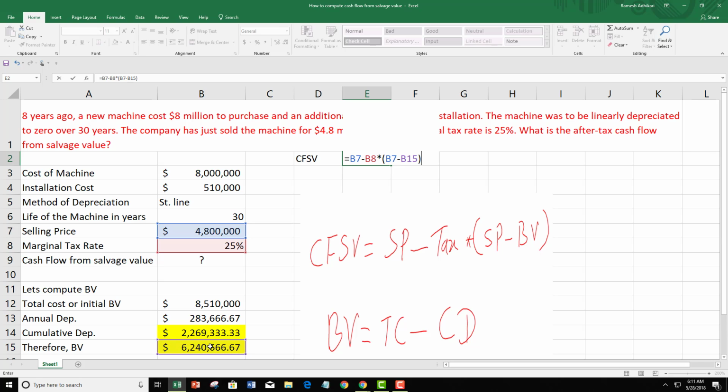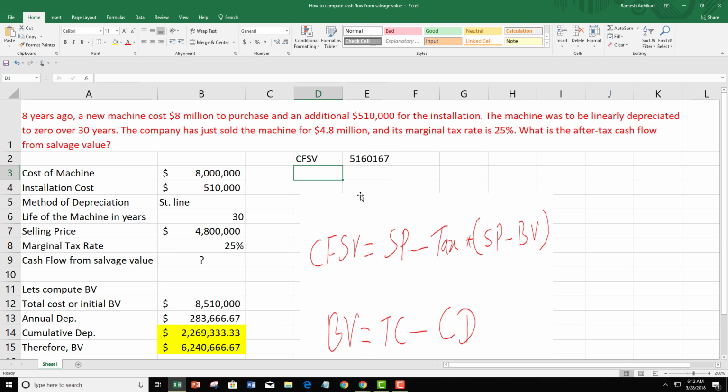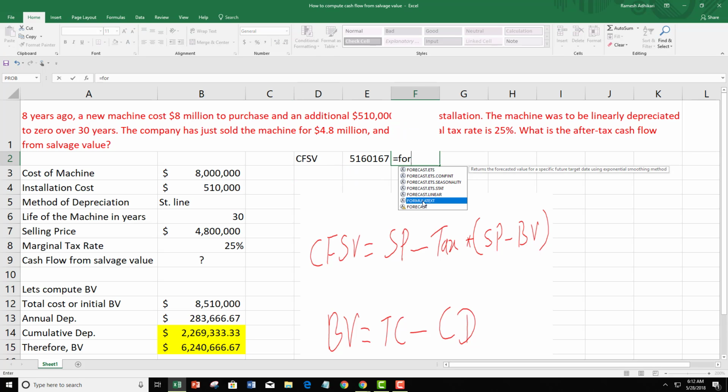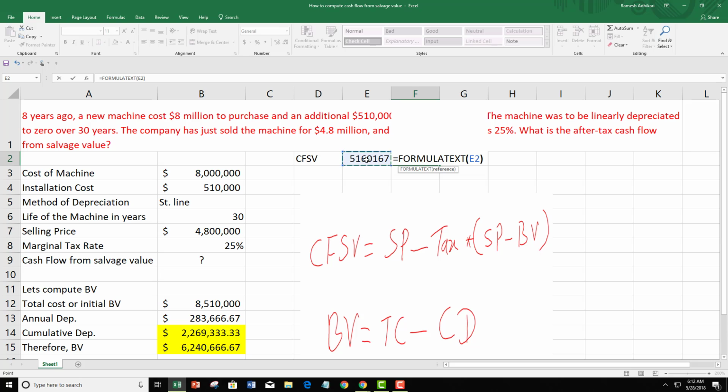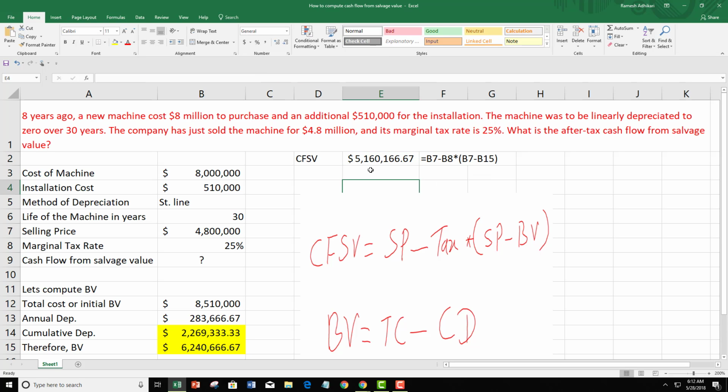By doing this, you can compute the cash flow from salvage, and I can also put that in a dollar sign, and that is the cash flow from salvage value. I hope it makes sense. Thank you.